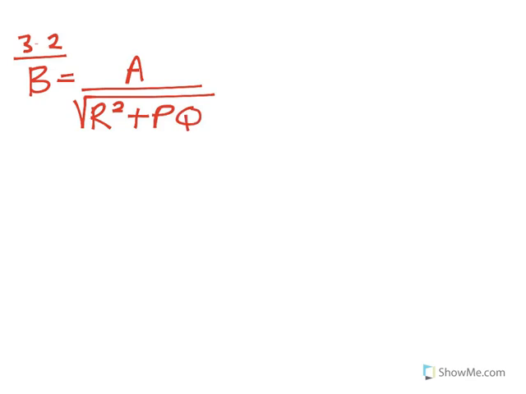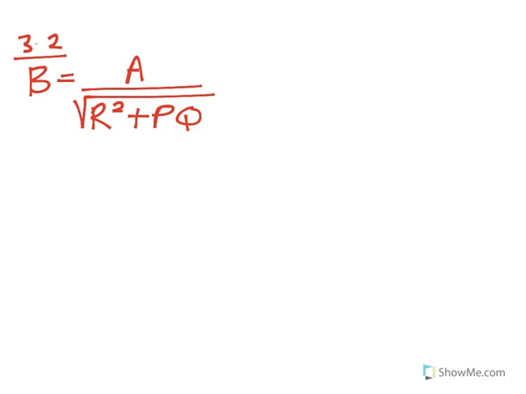They are saying B is equal to A over the square root of R squared plus PQ. As I said, the square root is affecting both R squared as well as PQ.